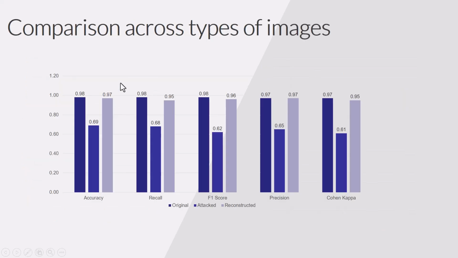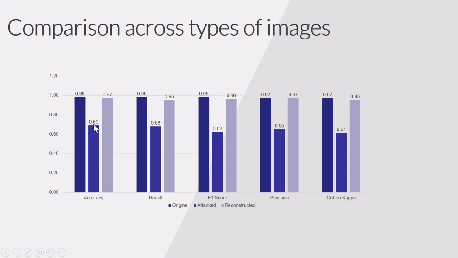And finally, we have compared the performance of the model across different types of image. The first bar represents the face recognition accuracy of the model on the original image. The second one is on the attacked image, and the third bar is after the reconstruction of the image.